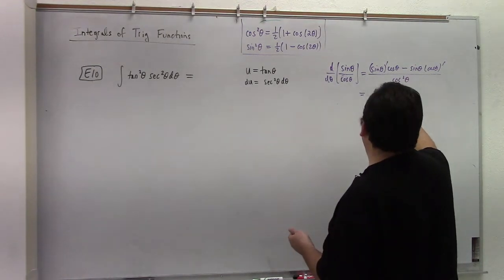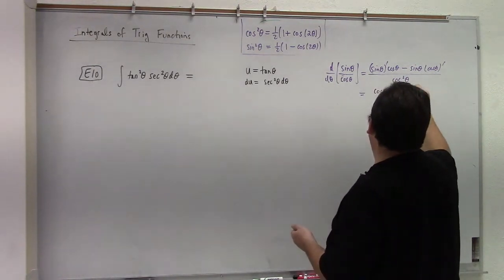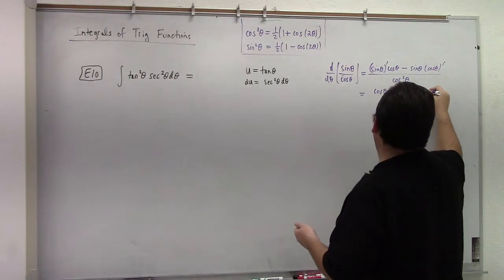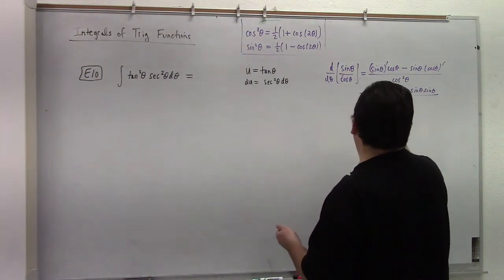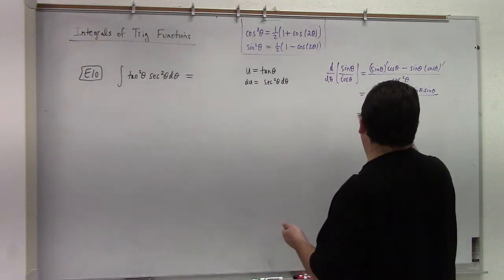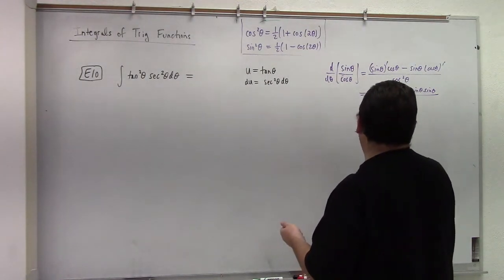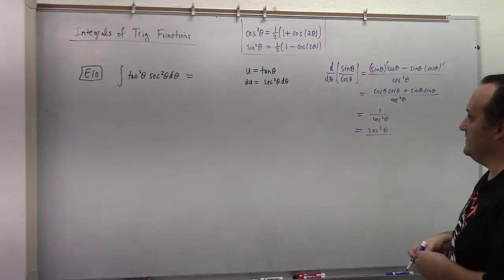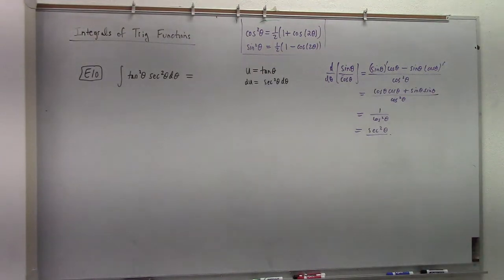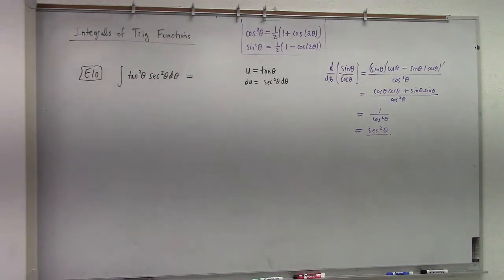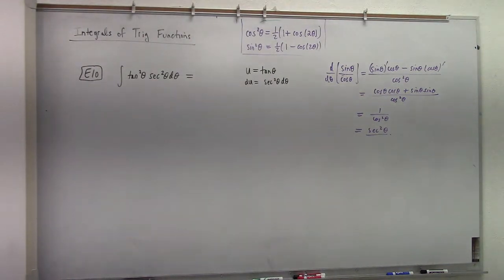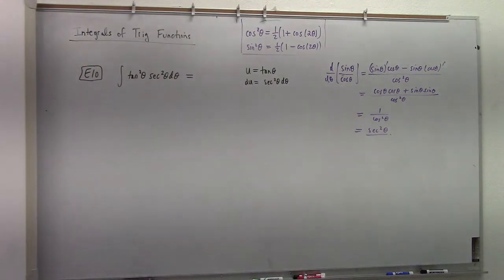So that's cosine cosine plus sine sine, which is 1 over cosine squared theta, which is secant squared theta, right? So this doesn't have to be mysterious. It's the quotient rule on the definition of tangent, if you forget. You guys get a formula card, though, so you have life easier than I did.